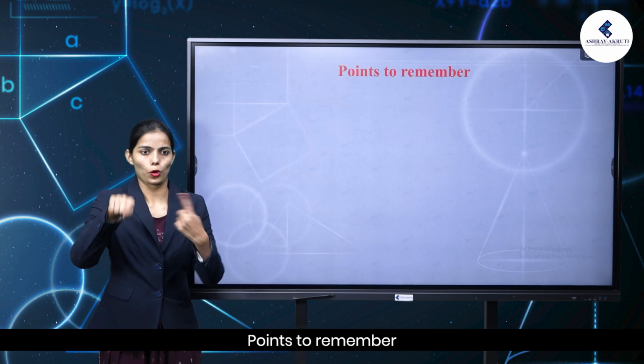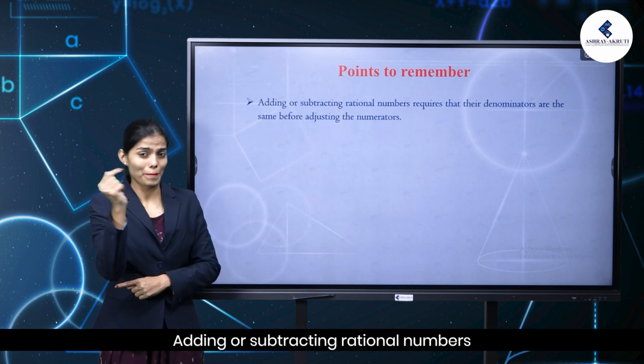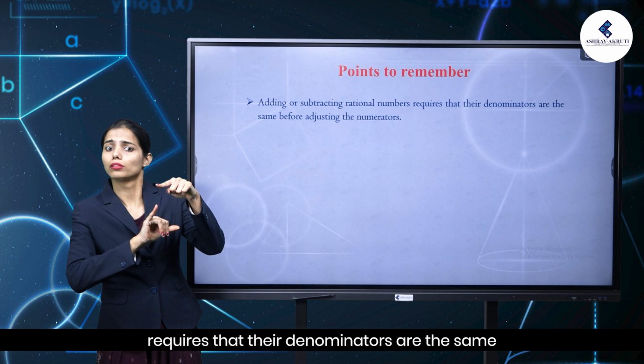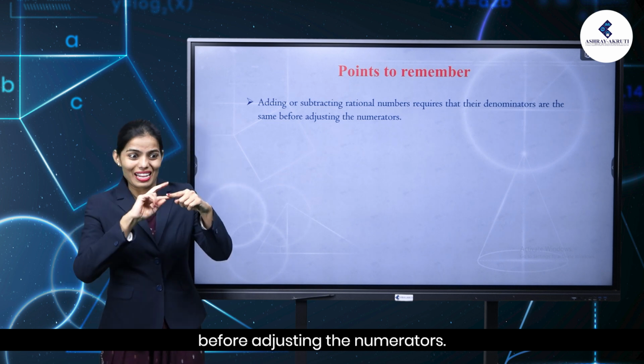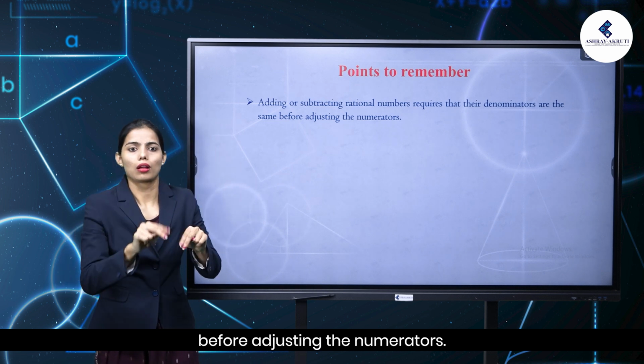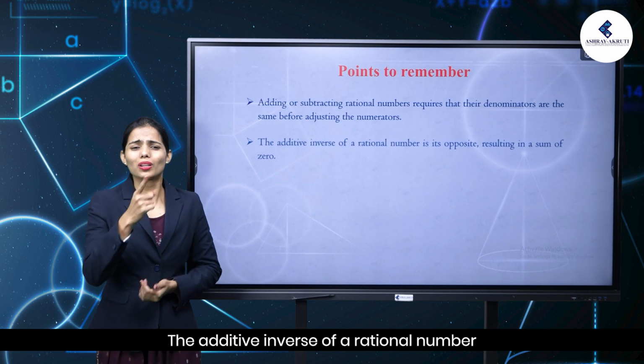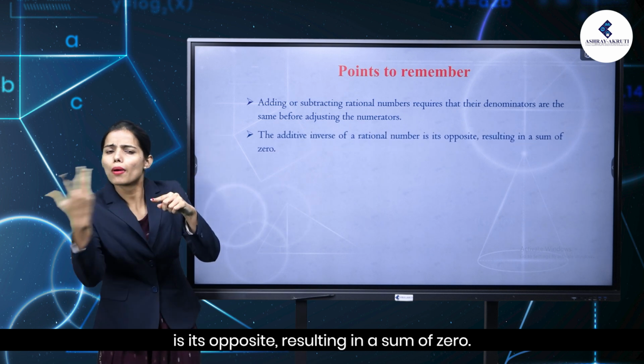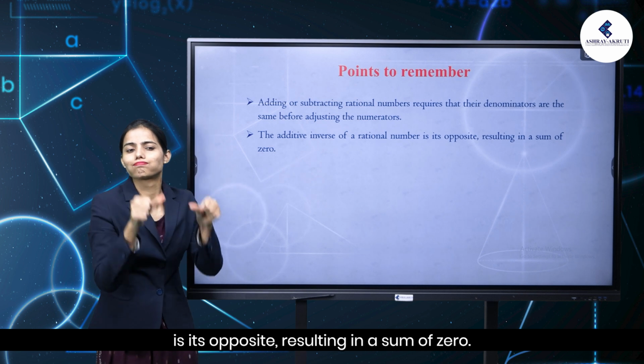Points to remember. Adding or subtracting rational numbers requires that their denominators are the same before adjusting the numerators. The additive inverse of a rational number is its opposite, resulting in a sum of 0.